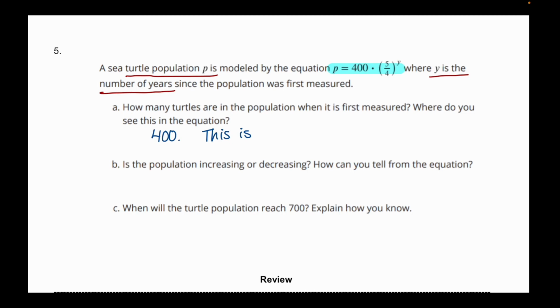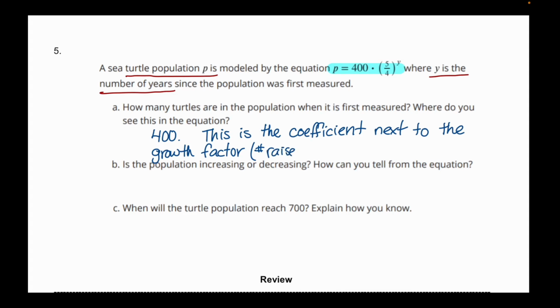So we're going to use the formal mathematical language and say this is the coefficient of the growth factor, and the growth factor is the number raised to the exponent.